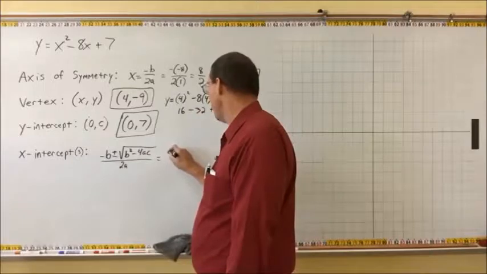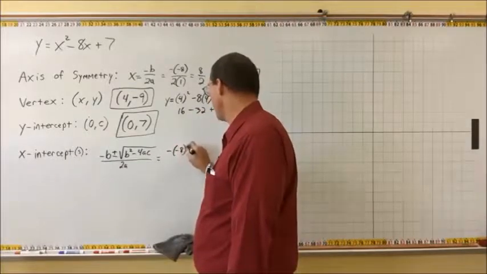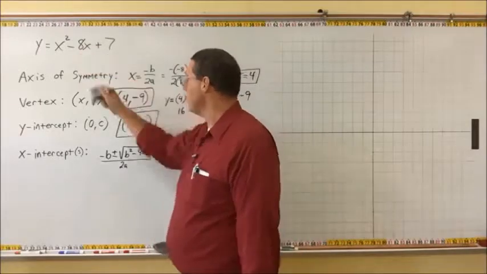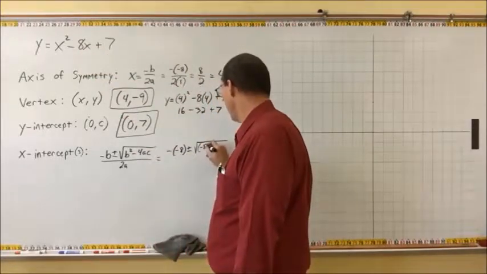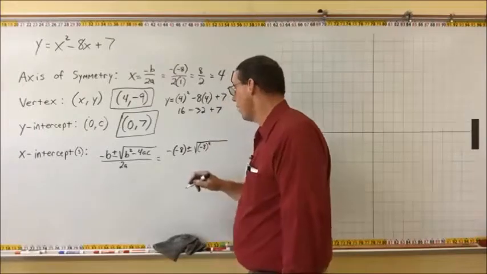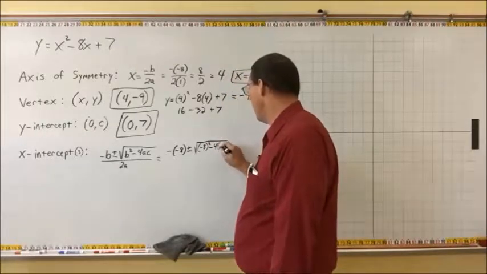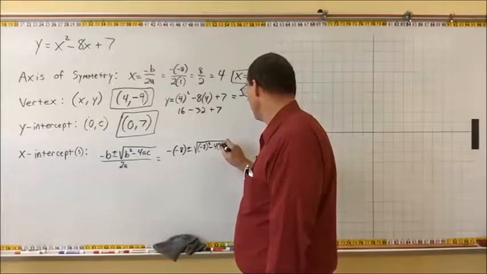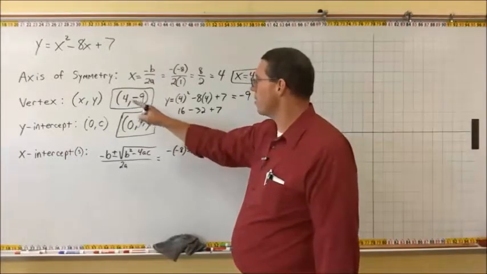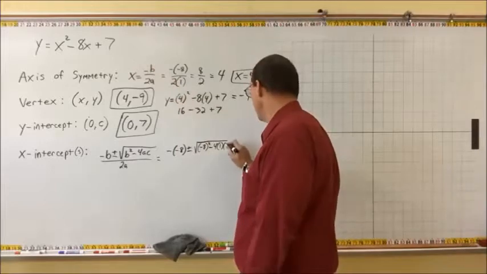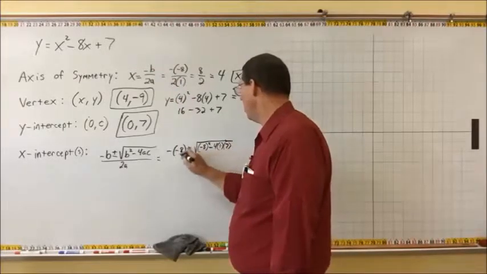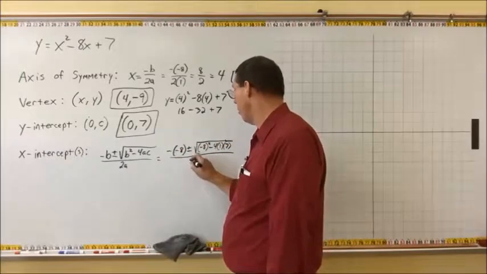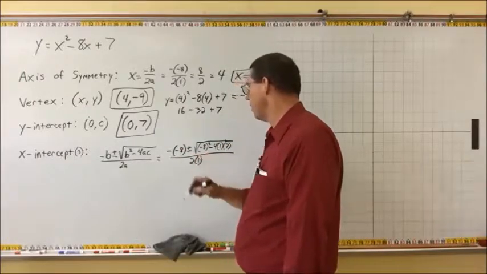So this is going to be negative 8 plus or minus the square root of negative 8 squared, negative 8, and then squared on the outside, minus 4. A, we've already said, is 1. So put a 1 there. And c, we have already said, is 7. Okay, good. All over the whole thing, that whole numerator, all over 2a. And we already said that a is 1.